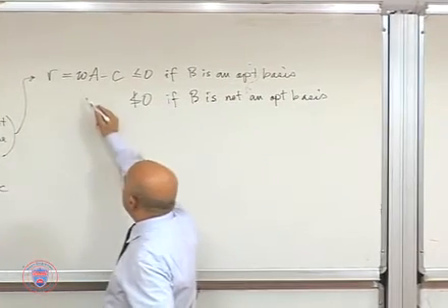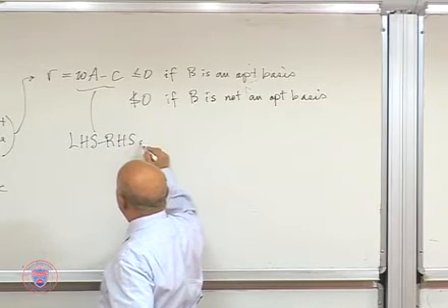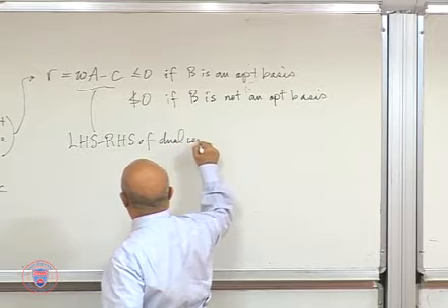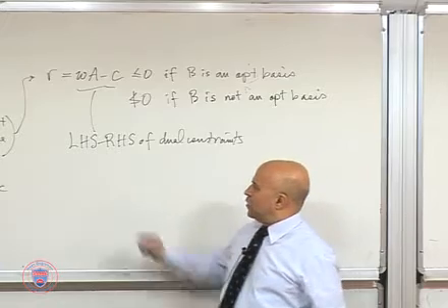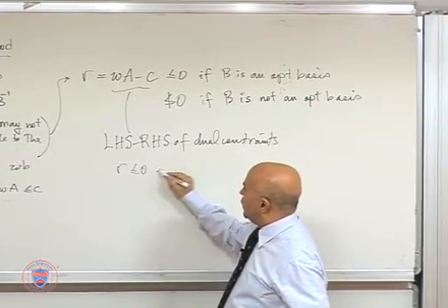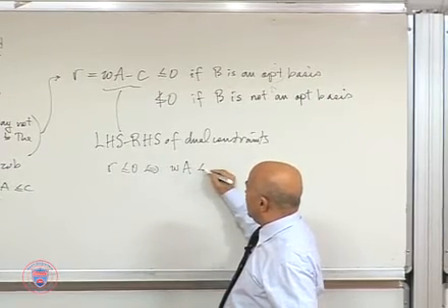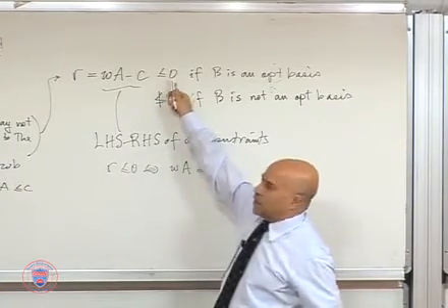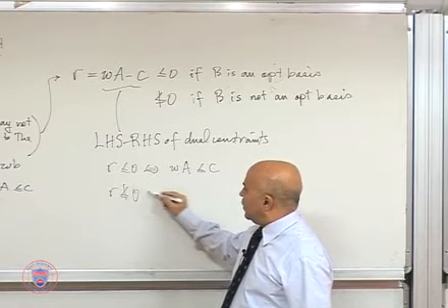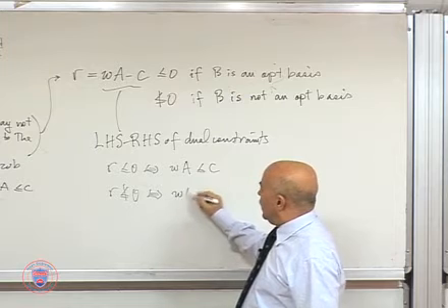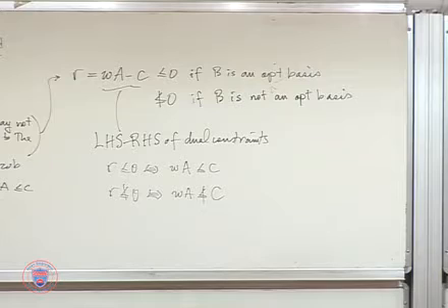So if you look at this, actually, this is the left-hand side minus right-hand side of dual constraints. See? That's what it is. So whenever R is less than or equal to 0, that means W defined by CB B inverse is actually such that WA is less than or equal to C. And whenever R is not less than or equal to 0, that means WA is not less than or equal to C, which means at least one dual constraint is violated.